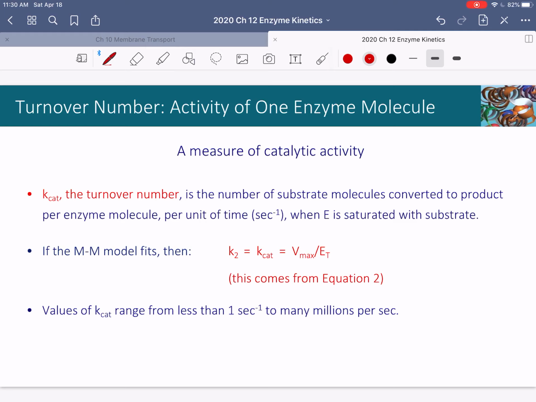Okay, so K2 is equal to Kcat, the rate constant that has to do with catalysis, the chemistry, which is equal to Vmax over ET because of the last slide. Remember, we said Vmax is equal to Kcat times ET. So that's just a rearrangement of that second equation that you have to memorize, okay?